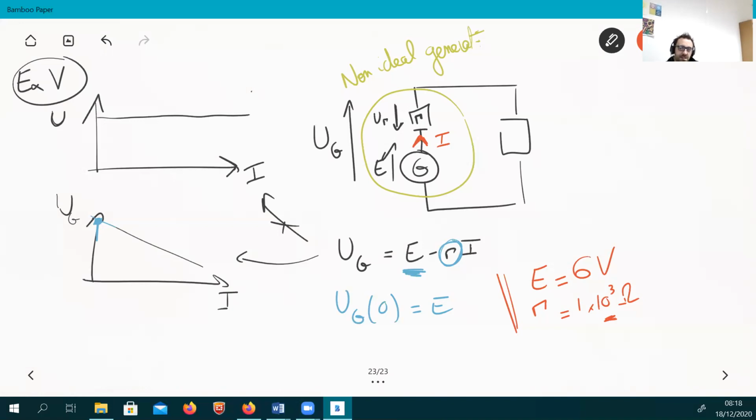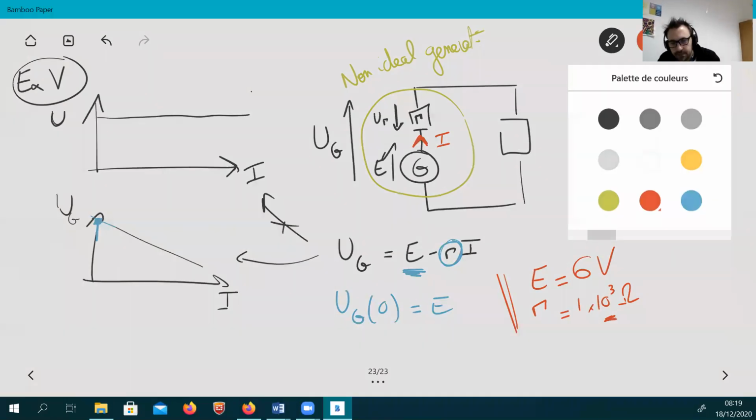Okay, so the 6 volt for E is pretty easy to catch. You just have to draw a fitting curve on your graph, and you will see that it's crossing the y-axis at 6, and then you just pick a point which is quite easy to obtain, which is the one at 3 milliamp equals 3 volts.